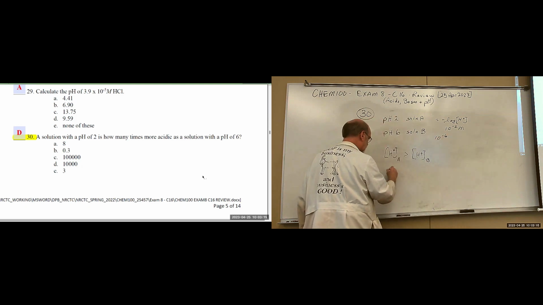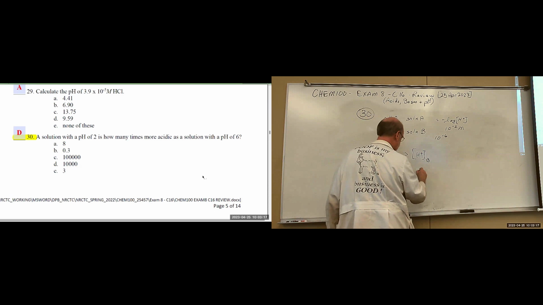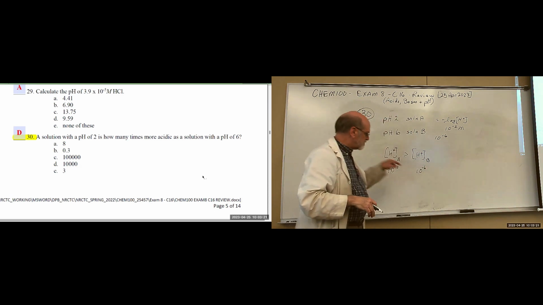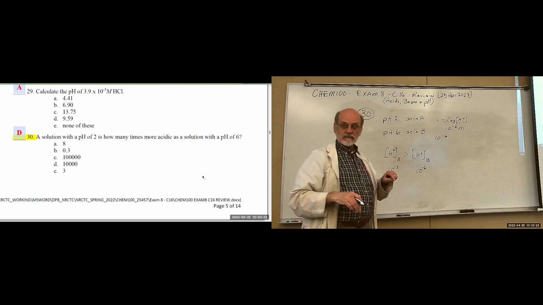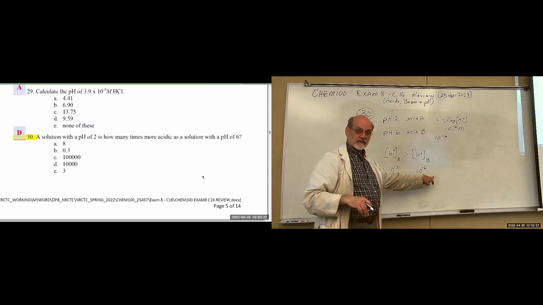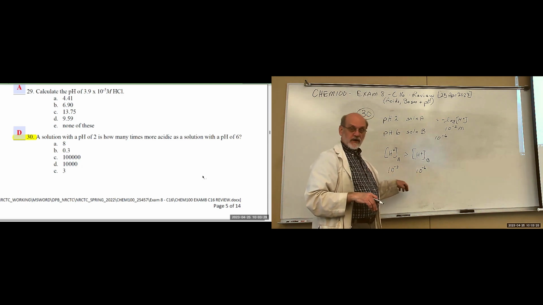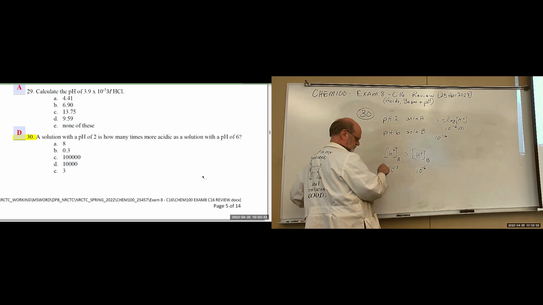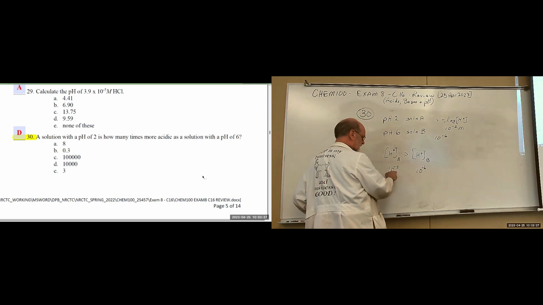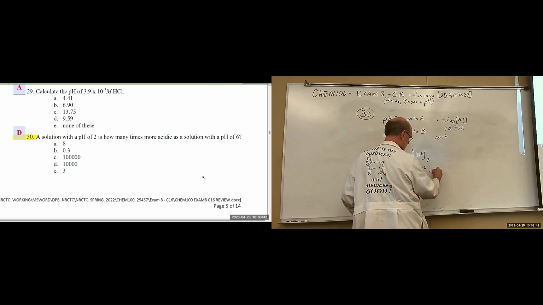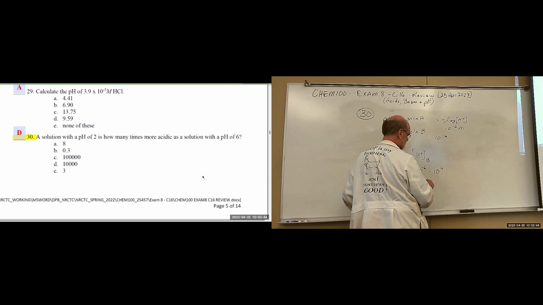How much bigger is this one than that one? Negative 2 is bigger than negative 6. So what would you have to multiply this by to equal that? Ten to the plus 4.